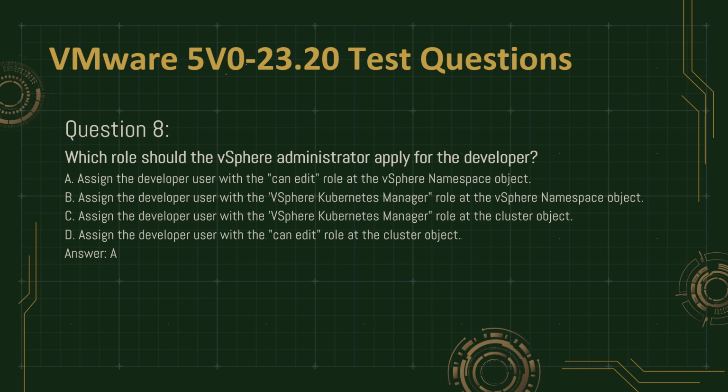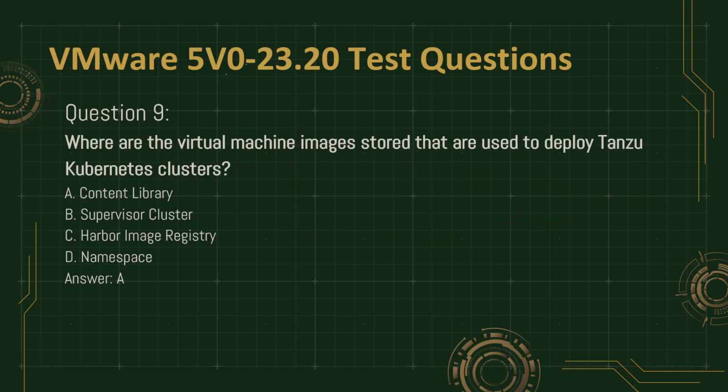C. Assign the developer user with the vSphere Kubernetes manager role at the cluster object. D. Assign the developer user with the can edit role at the cluster object. Answer. A.